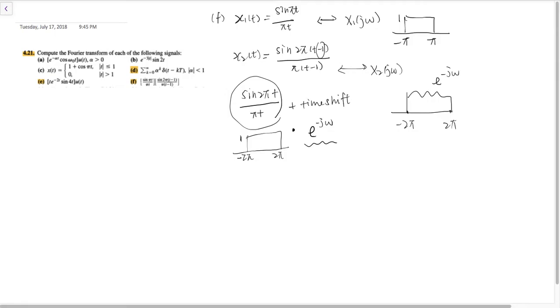So now all we need to do is regular convolution on continuous time signals, with a variable of omega.